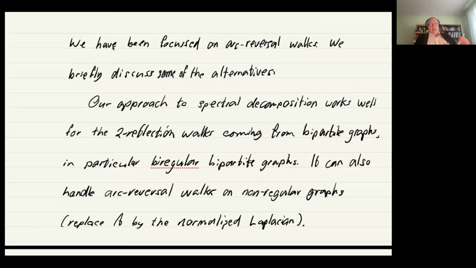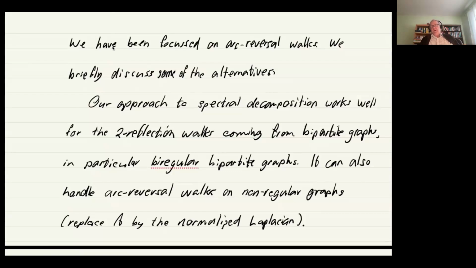So what I've been talking about is the arc reversal walks. These are a special case of the two reflection walk, and actually essentially a special case of the bipartite walks. So we have that family of walks, and the theory we have would work. It works for bipartite walks. Tina Chen did a PhD thesis on this case.